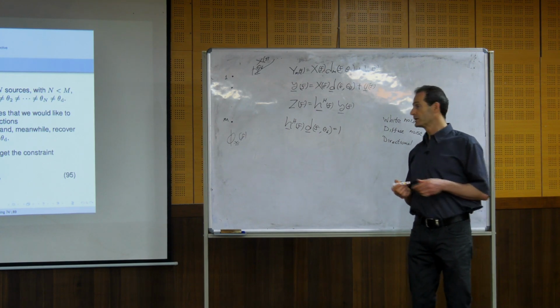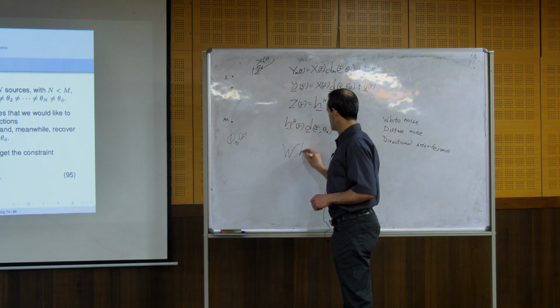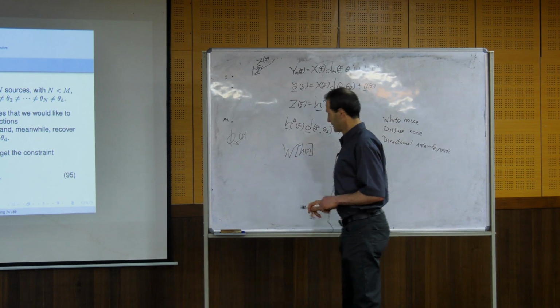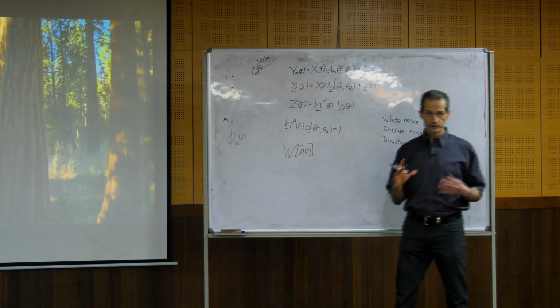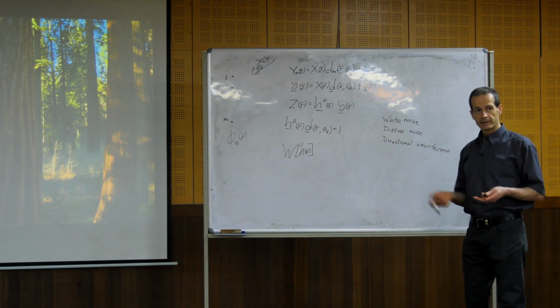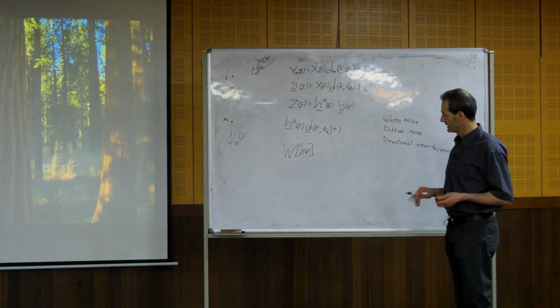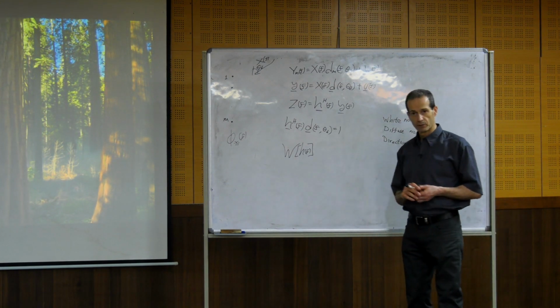performance measures. One we call white noise gain. This is the narrowband white noise gain, which means how much output SNR can be achieved, or how much gain in SNR can be achieved using this beamformer.